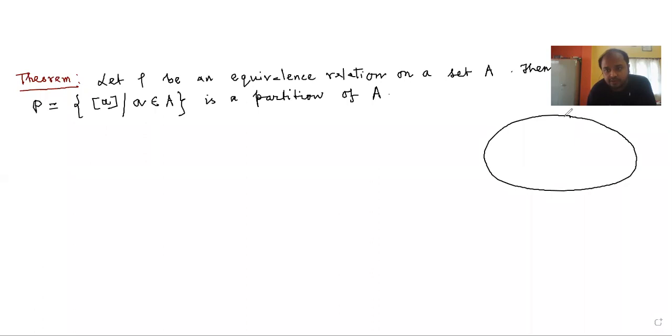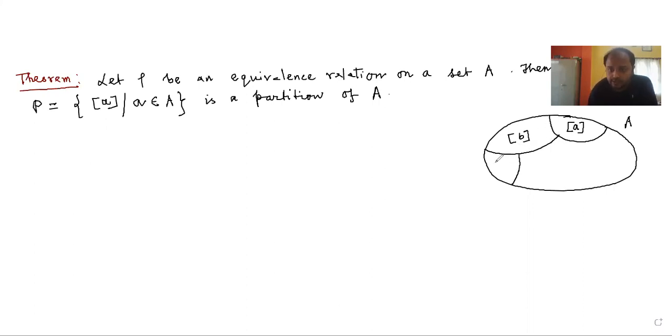This theorem means that suppose this is my set capital A. If I consider the class of a, it constitutes one partition. If I choose another element from capital A, say small b, then class of b constitutes another partition.